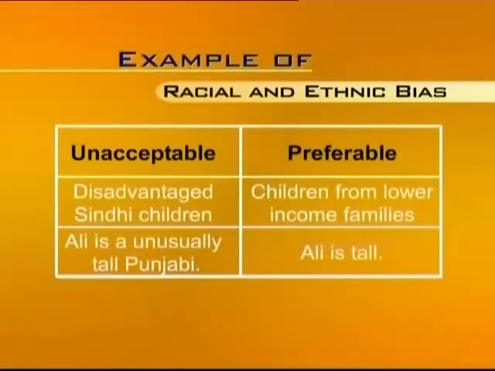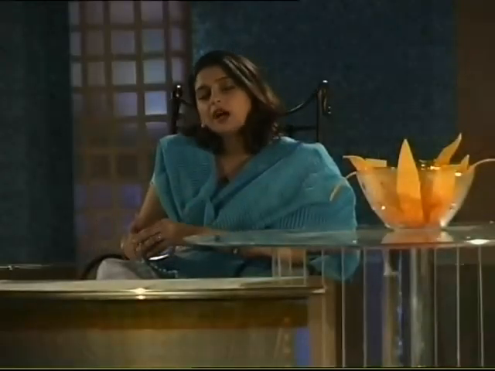Similarly, instead of saying something like Ali is an unusually tall Punjabi, it would be better to say Ali is tall because it really doesn't matter whether he's Punjabi or not, or Sindhi or Balochi or Pathan. What you are most interested in telling the audience is that this boy is tall. So you don't really need to include his ethnic background.